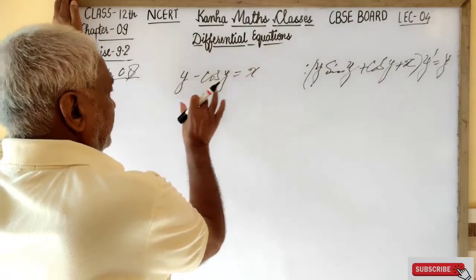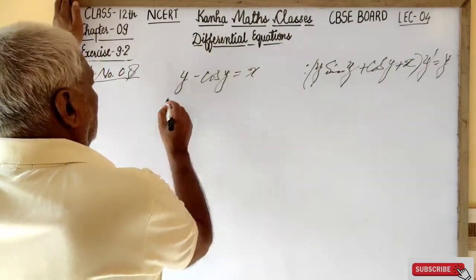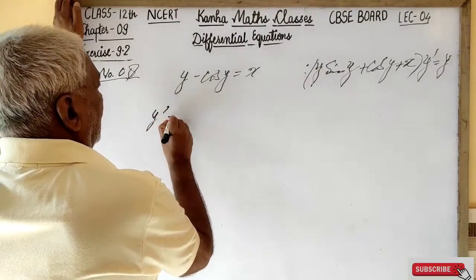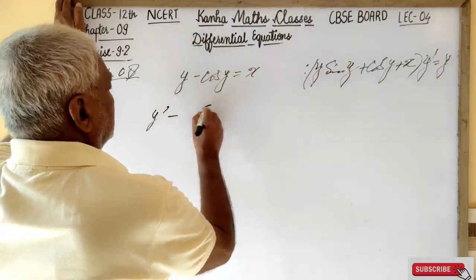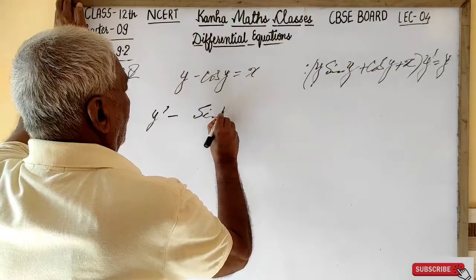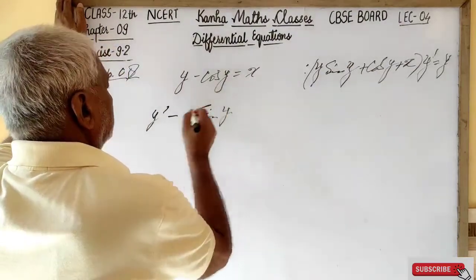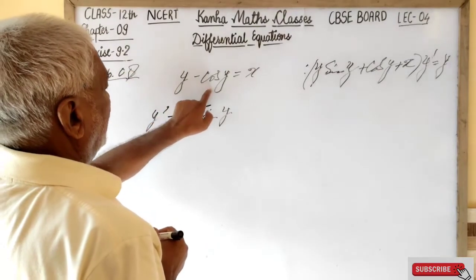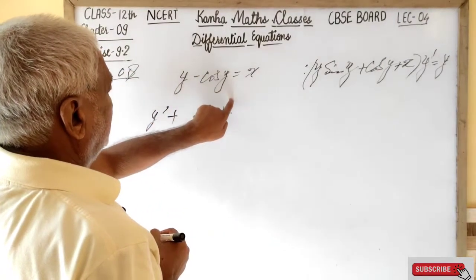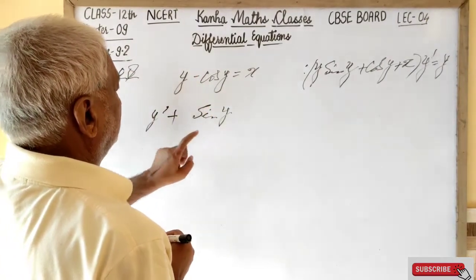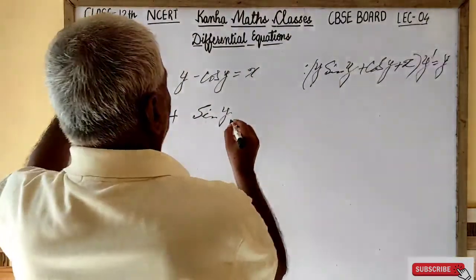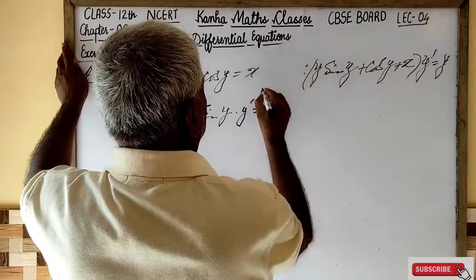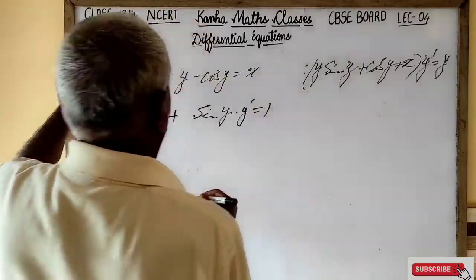Y means y dash, cos y means minus sin y, so minus minus gives plus sin y into y dash. Derivative of x will be equal to 1.